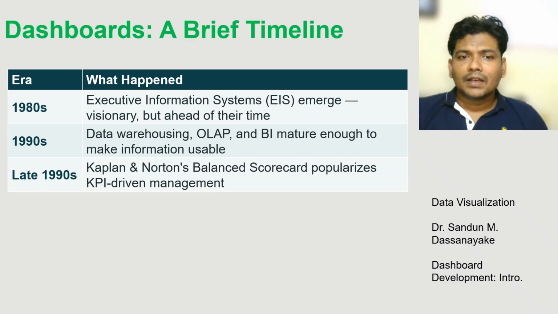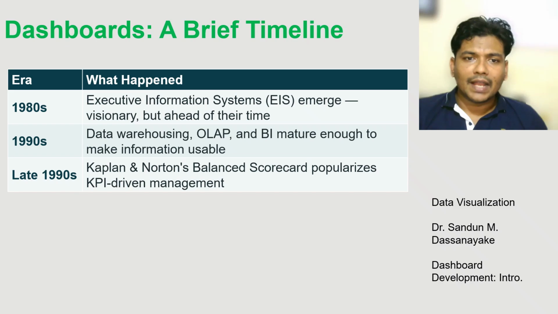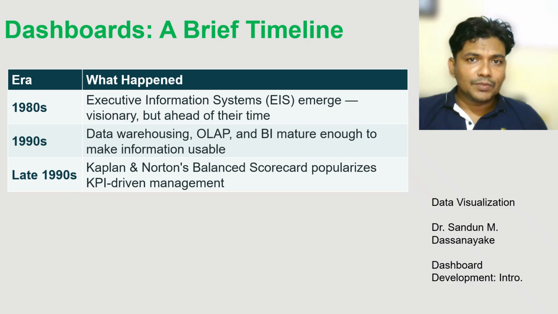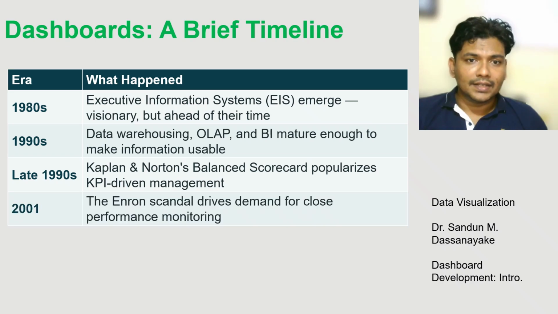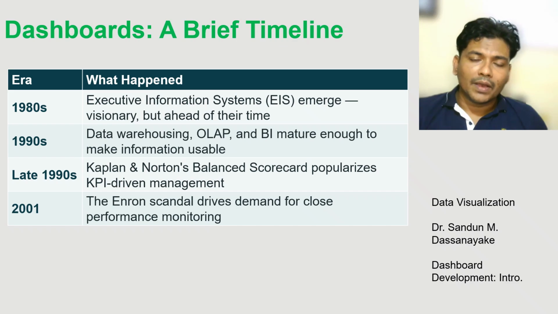Then come late 1990s. Kaplan and Norton's balanced scorecard popularizes the KPI driven management. That's when dashboards were highly needed. In 2001, the Enron scandal drives demand for close performance monitoring.